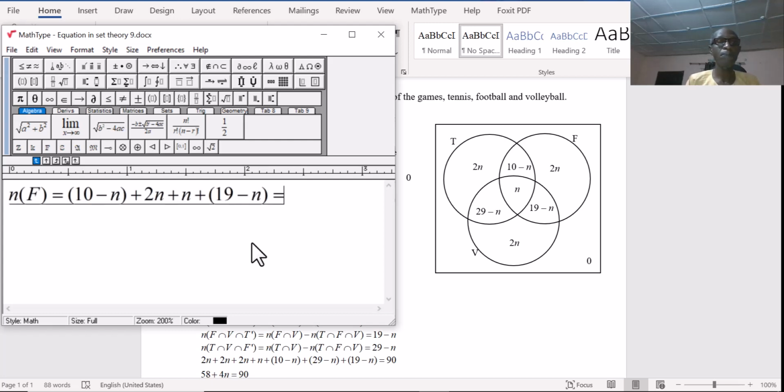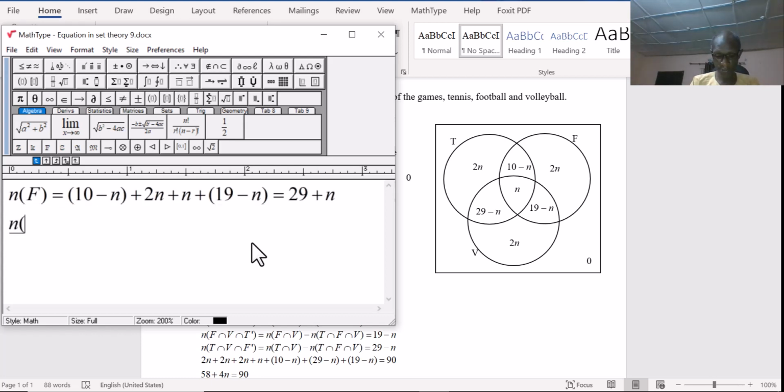This is 10, 29. Then we have 2n. That n cancels that. So plus n. Plus n.